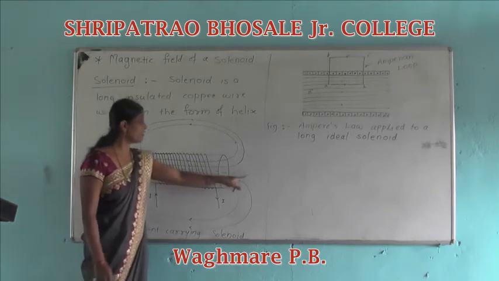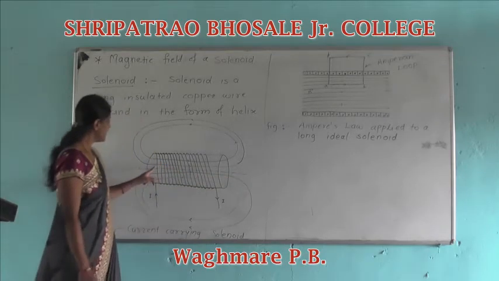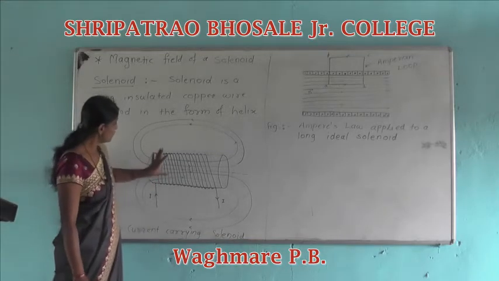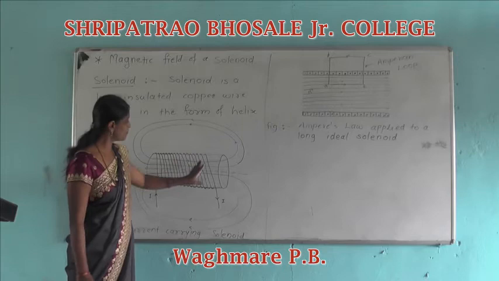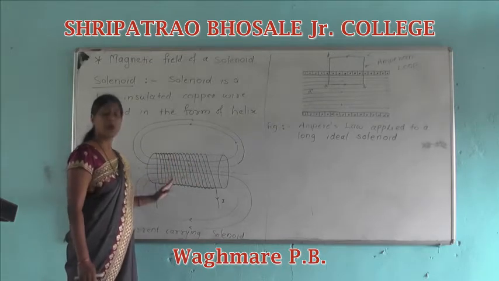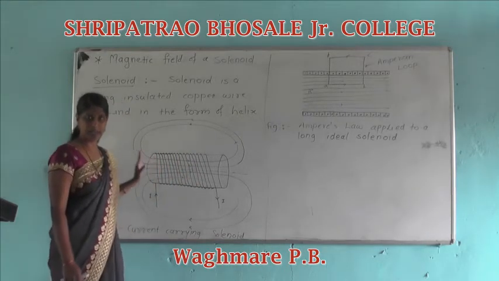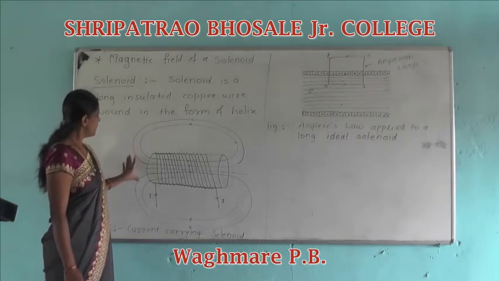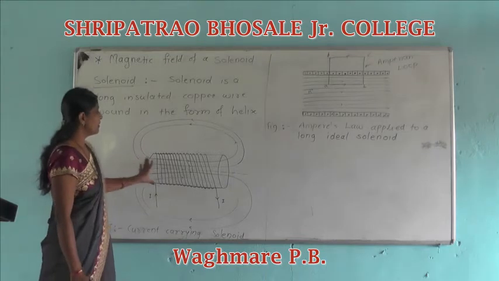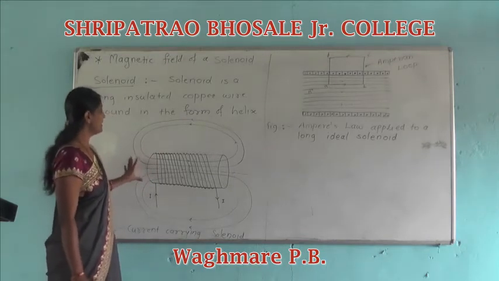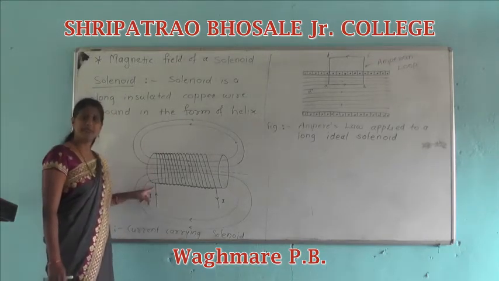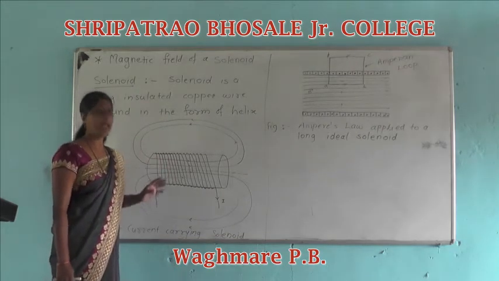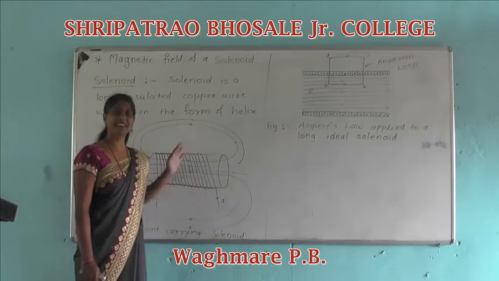This is the axis of the solenoid and here the magnetic field is uniform, and therefore these magnetic lines of force shown here are parallel to each other inside the solenoid. The ideal solenoid is a long helix, and the diameter of this solenoid is very small as compared to its length.